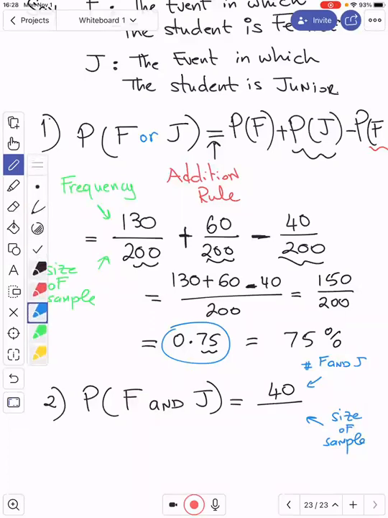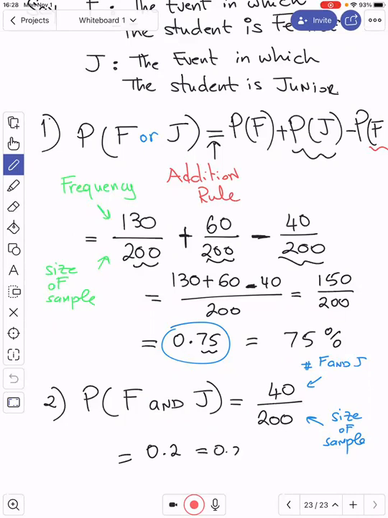So we divide by 200. 40 over 200 is 0.2, but we need two digits after the dot, so that's 0.20, and that's 20%. So what we are saying is that there's a 20% chance that a student selected at random is a female and a junior.